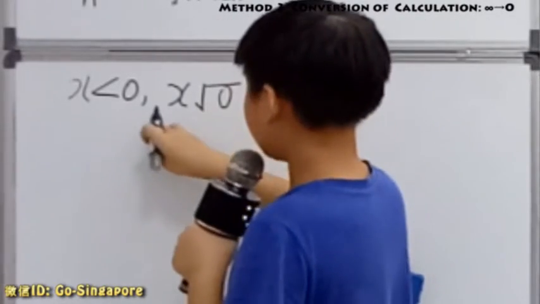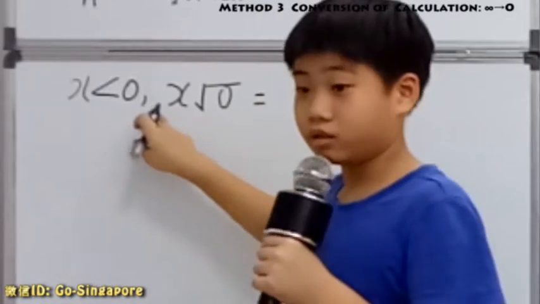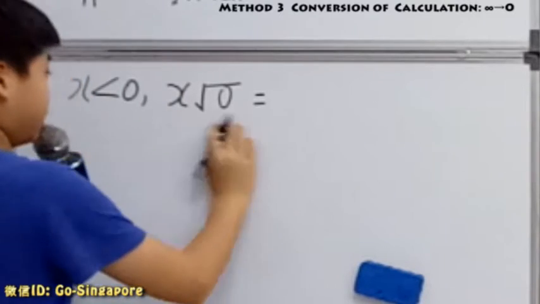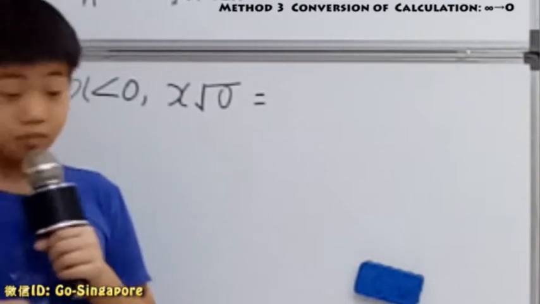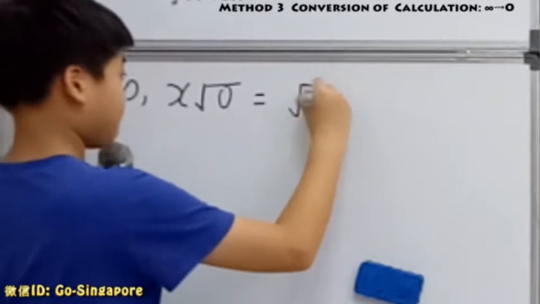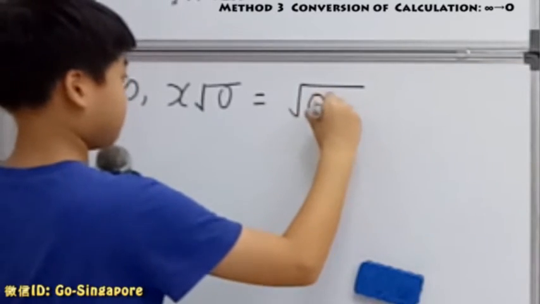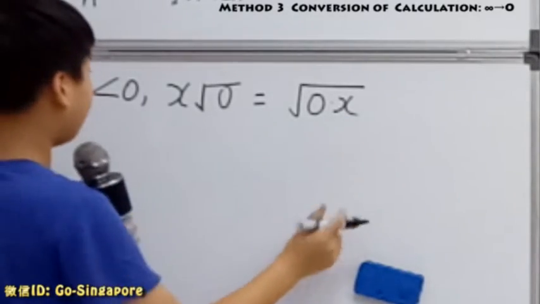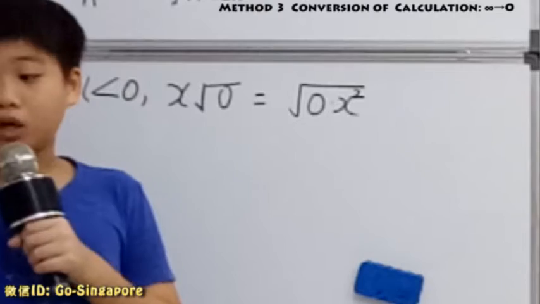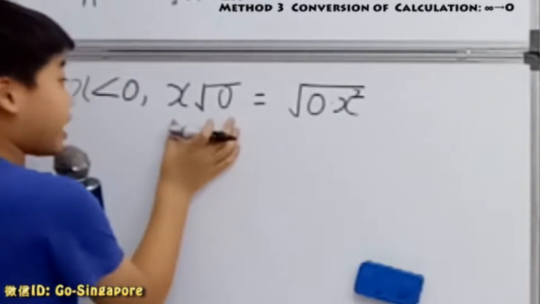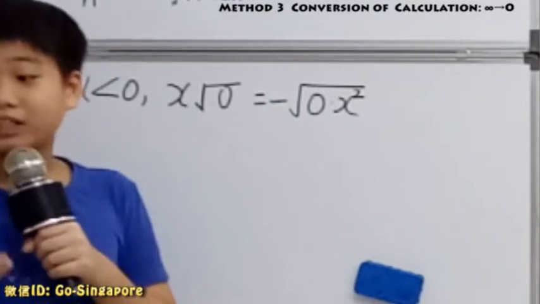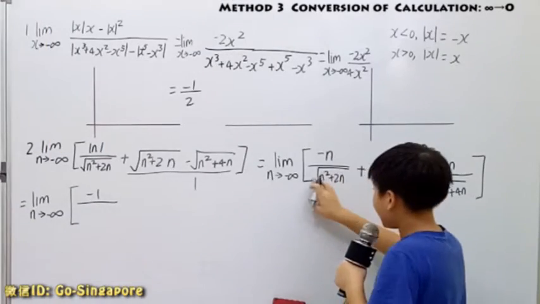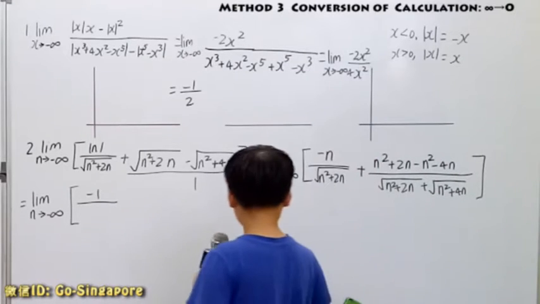So remember x is smaller than 0, which is a negative number. When you multiply it together, it's a negative number. So it's actually this thing times the x. But remember, this is a positive, but this is a negative, so that is why we need an extra negative. So same thing, and times the same, and divide.